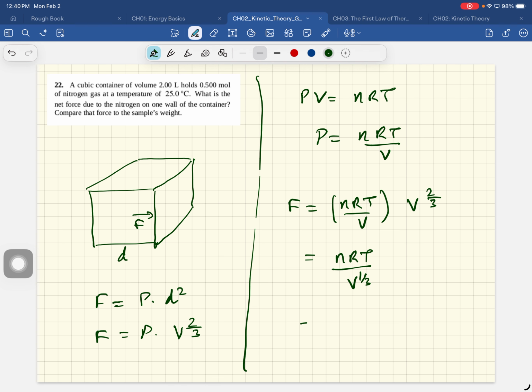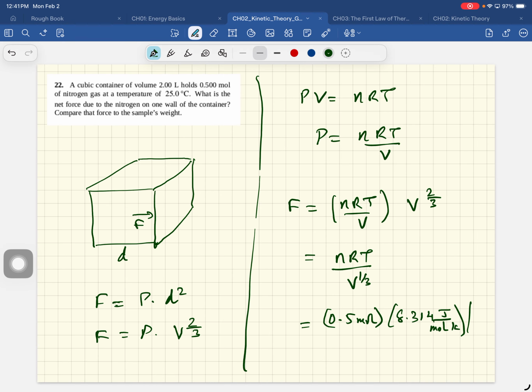We have 0.5 moles of nitrogen. R is the gas constant, 8.314 joules per mole per Kelvin.